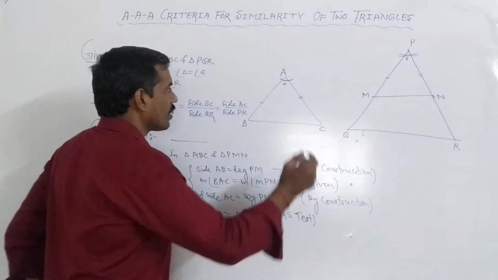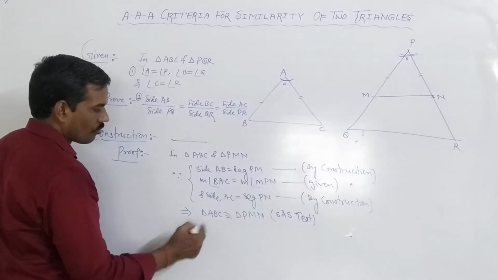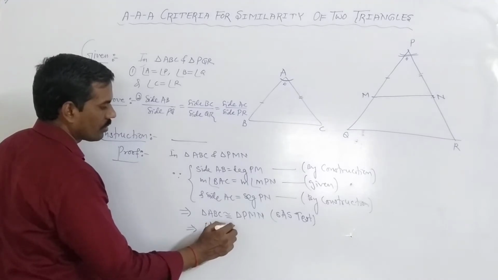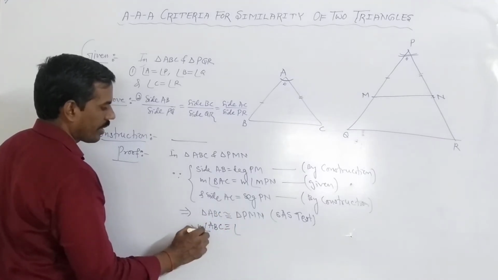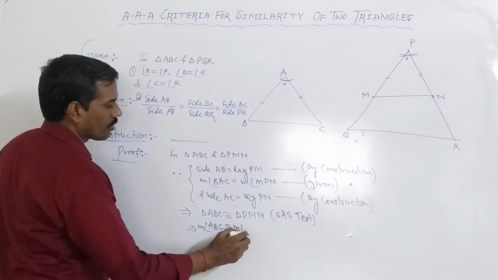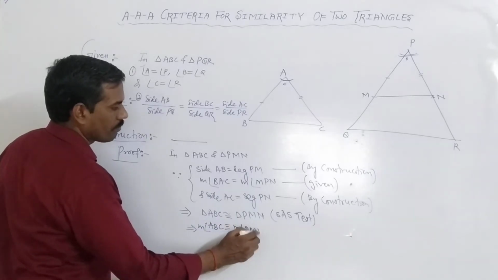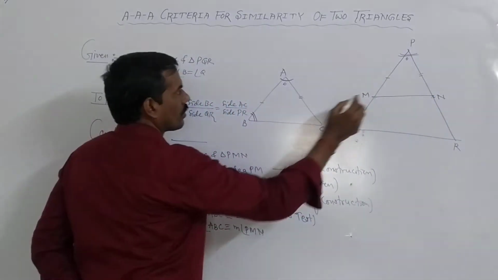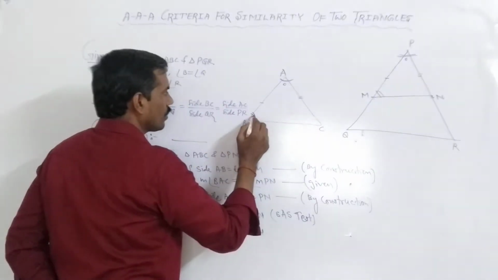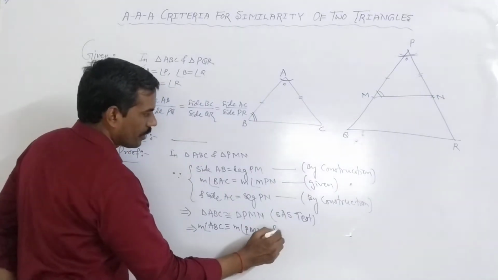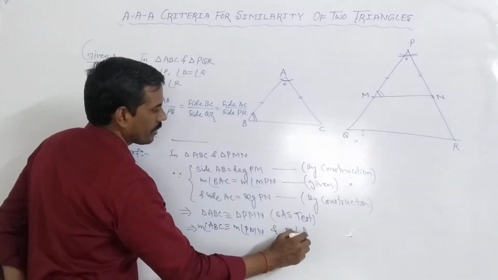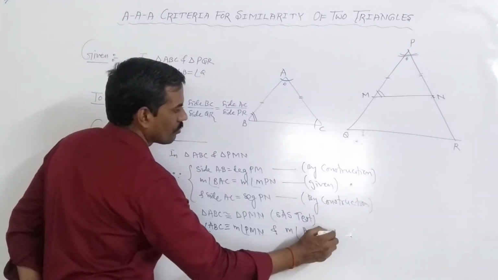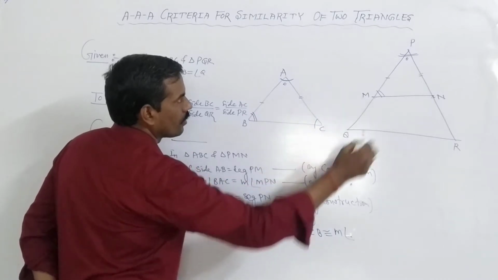So we can say that measurement of angle ABC is congruent with measurement of angle PMN, and measurement of angle ACB is congruent with measurement of angle PNM.